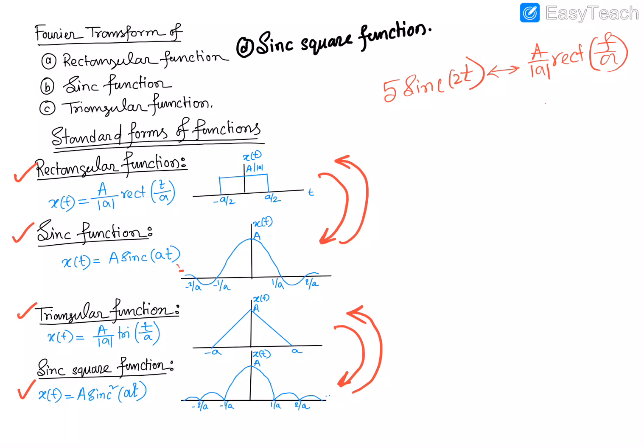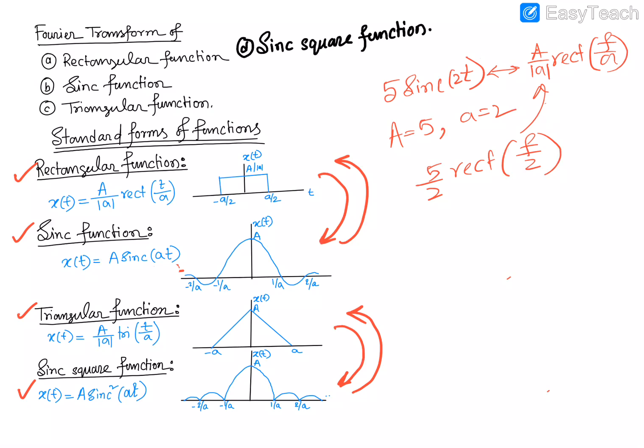Now you need to find out the value of capital A and small a. Here the function is 5 sinc 2t, so your value of capital A is 5 and value of small a is 2, so you can just replace over here. You can get the Fourier transform as 5 by 2 rectangular f by 2.